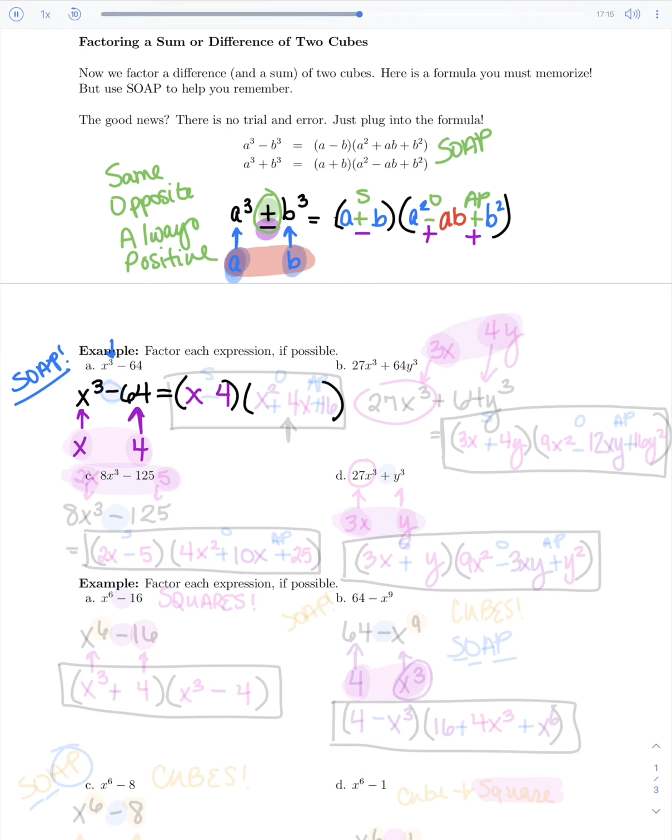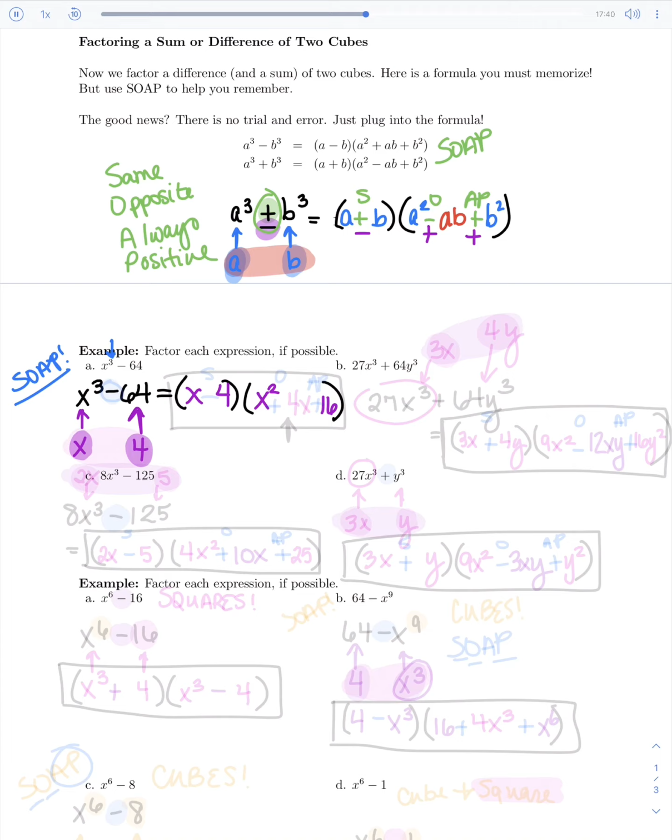And remember, my pattern says now go back to the first piece for the start of your trinomial. You're going to square that first piece. So squaring that x gives me an x squared. Then doing the last piece on the trinomial says to take the last piece and square it. Well, squaring the 4, do the math. 4 squared is 16. Don't leave it as 4 squared.